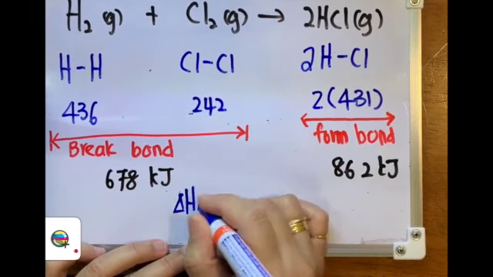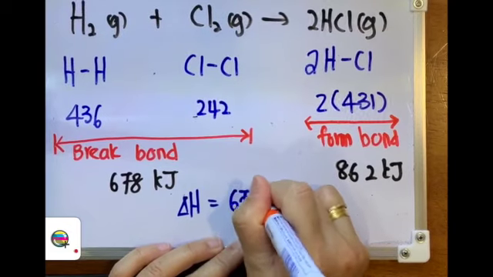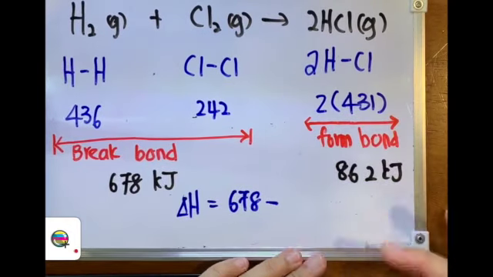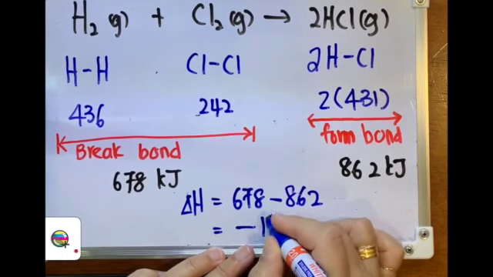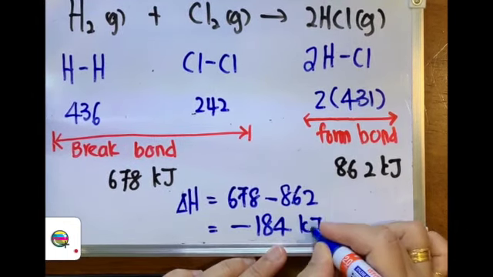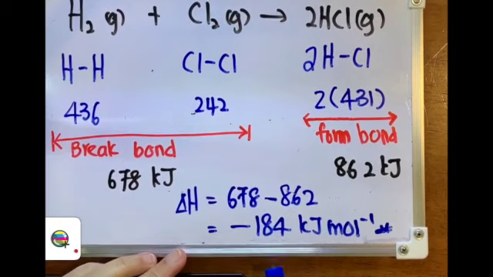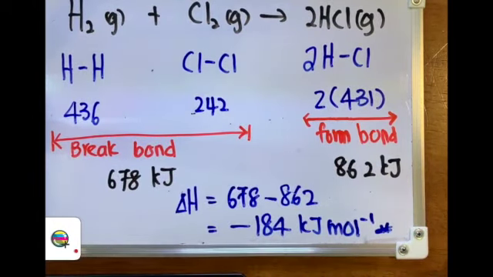We take the total energy needed to break the chemical bonds minus the total amount of energy released during the formation of chemical bonds, which in the end gives us negative 184 kilojoule per mole. This is the amount of energy change for the whole chemical reaction to be carried out.